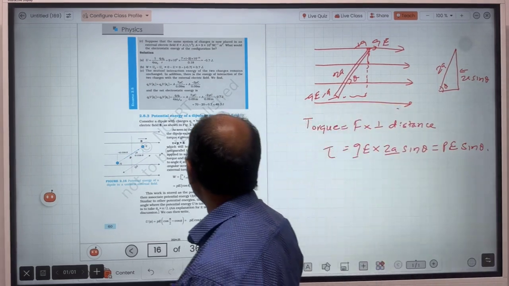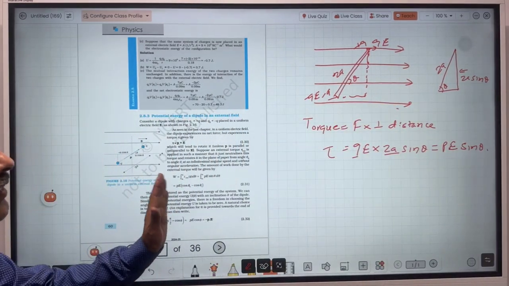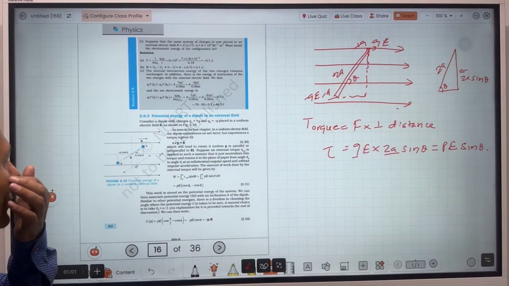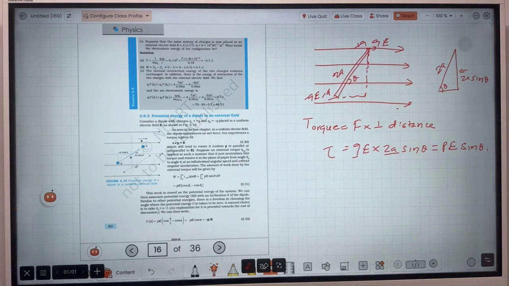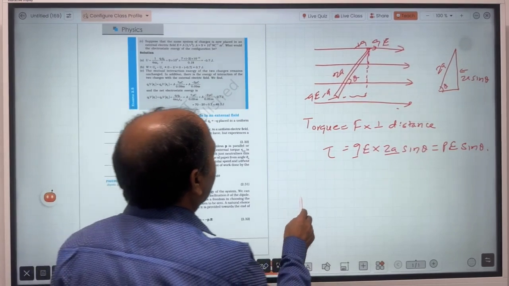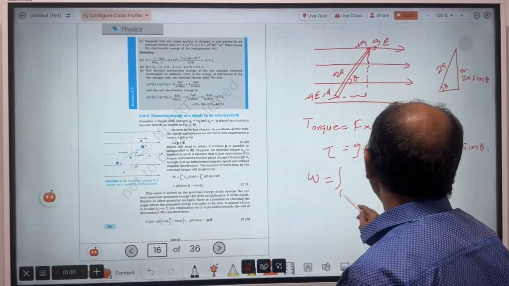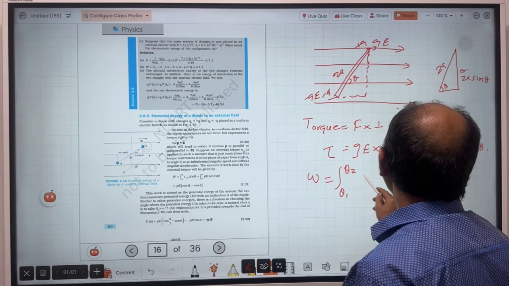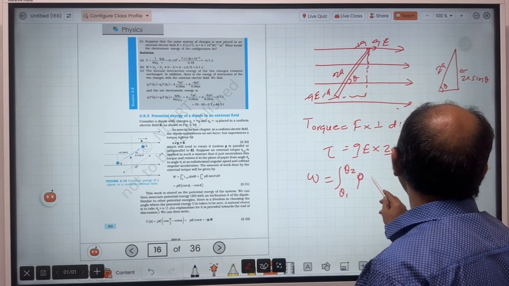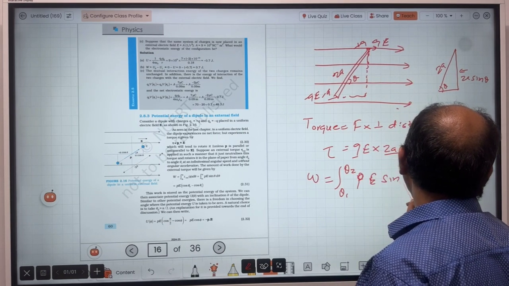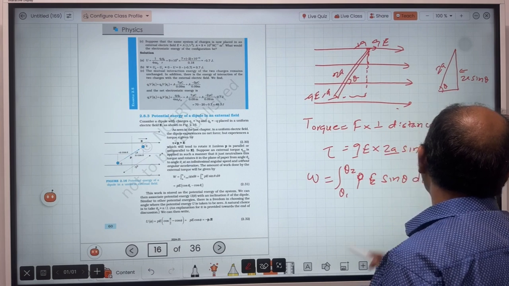Now suppose a dipole is rotated through a certain angle. Suppose the initial angle is theta 1 and the final angle is theta 2. So we can find the work done. The work done will be the integration from theta 1 to theta 2 of PE sine theta d theta.